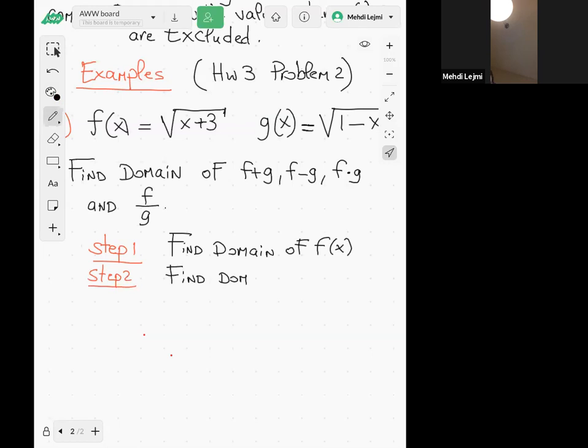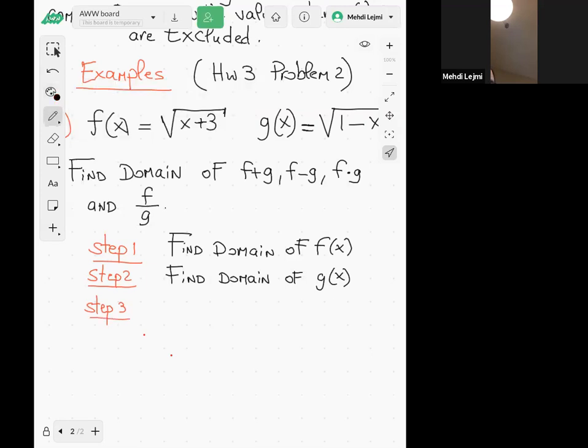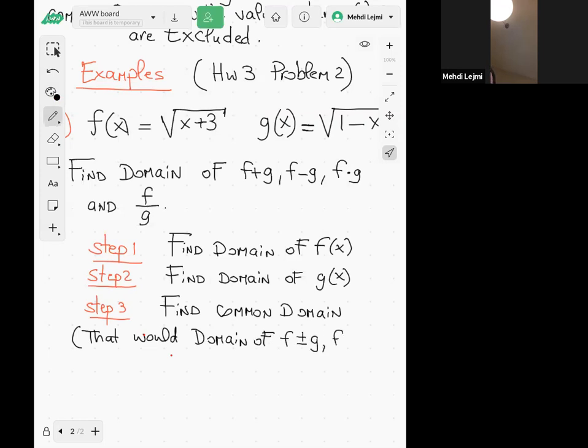And in the third step, you find the common domain, and that will be the domain of f plus g, f minus g, and f times g.